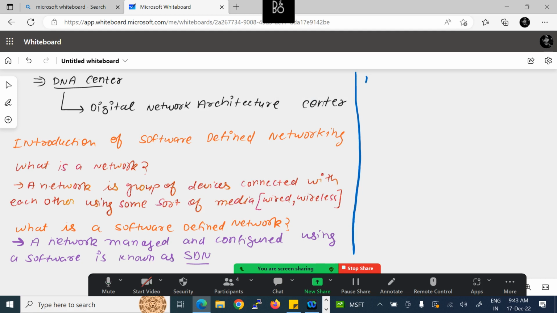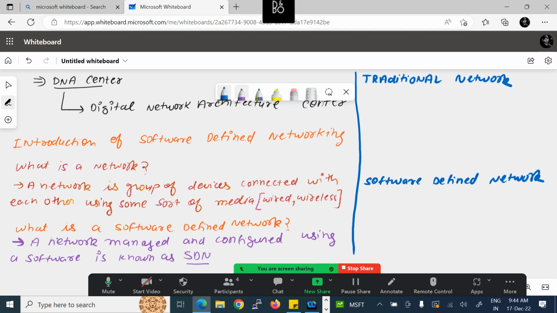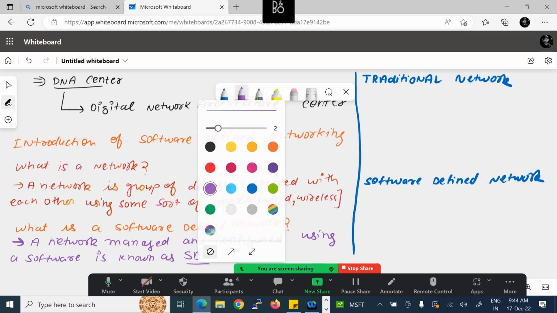Now, we have two types of network: the traditional network, and the software defined network. Because as we know, in networks we have routers and switches.